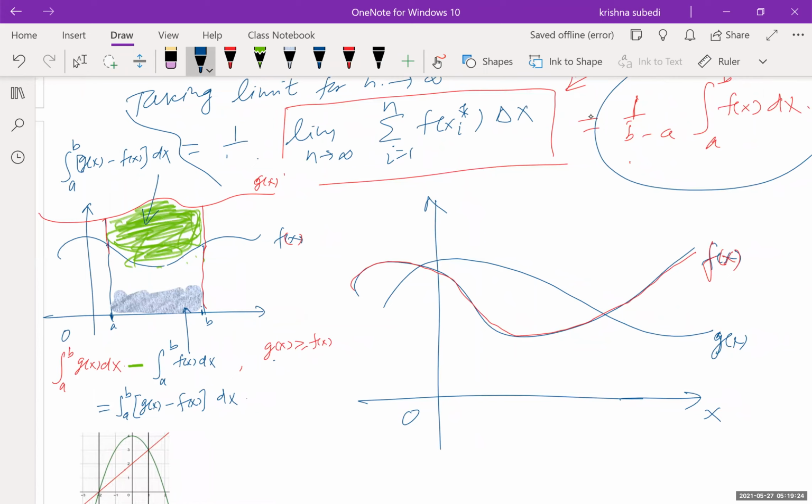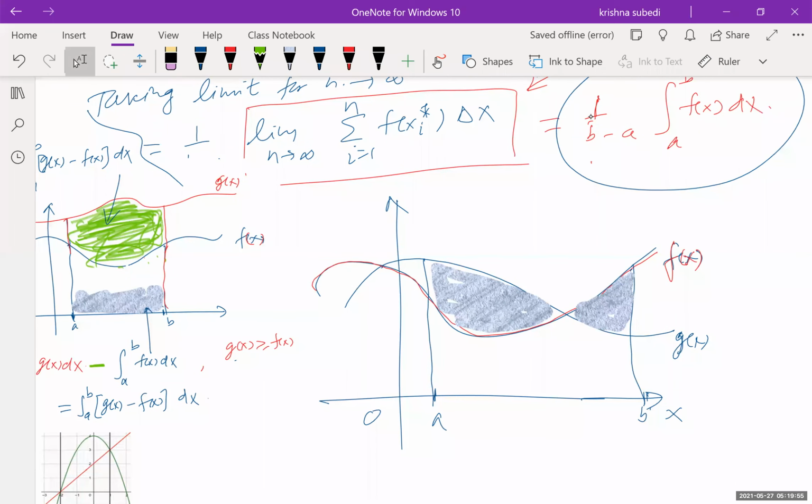Now, if I want to find the area between, let's say, A and B, for example, that means I'm looking for this area plus this area. These are the two areas I'm looking for, the area between the curves.